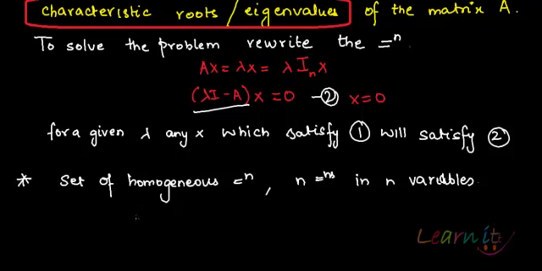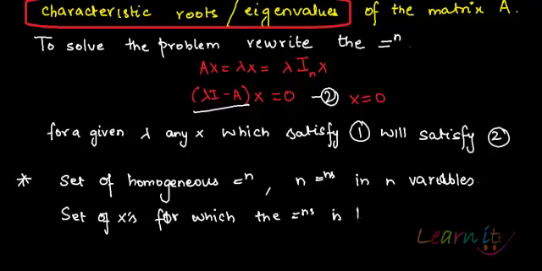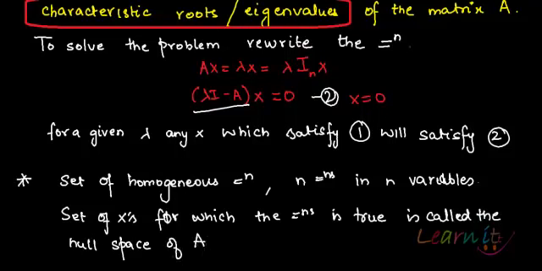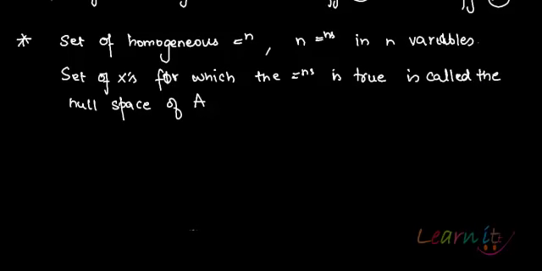The set of x's for which the equations are true is actually called the null space, in fact not of A, but of lambda I minus A.